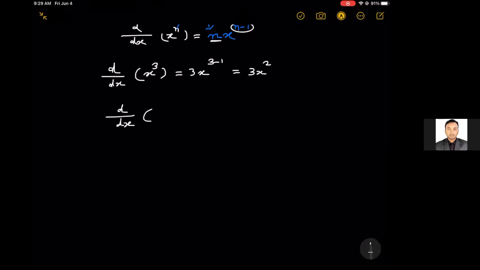Let's say I have x to the negative 3, okay? When you try to find the derivative of it, you'll see this is actually true for negative exponents as well. I'm just using the same formula. It will actually be like this.